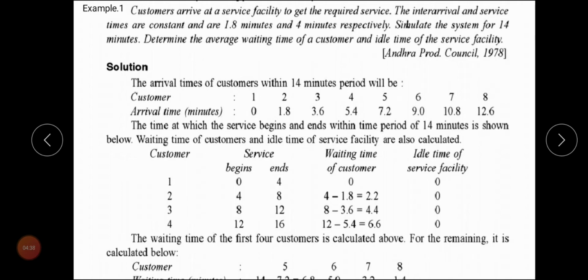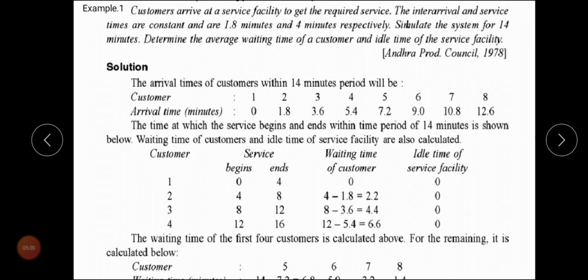The times at which the service begins and ends within the time period of 14 minutes are shown below. Write down the customers, begin and end times, and waiting time.